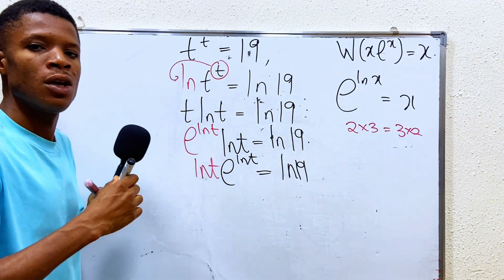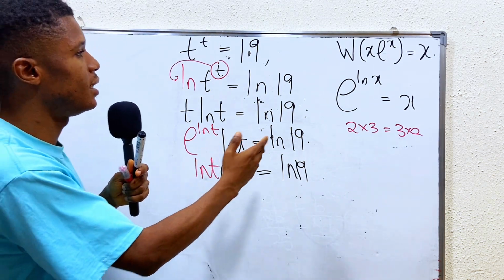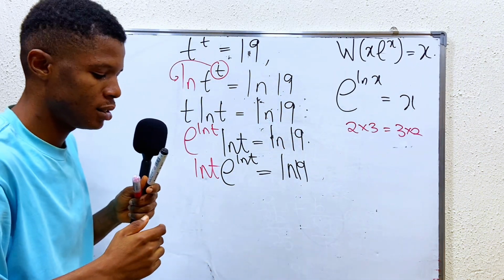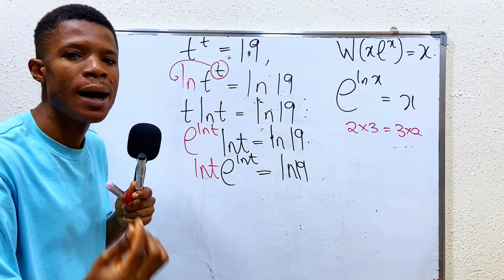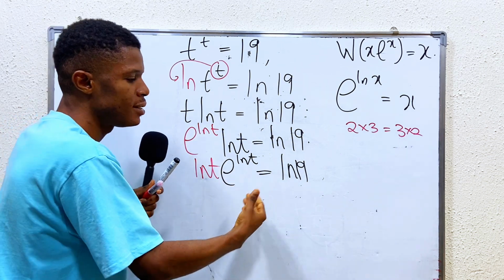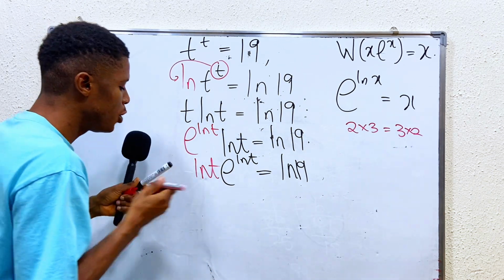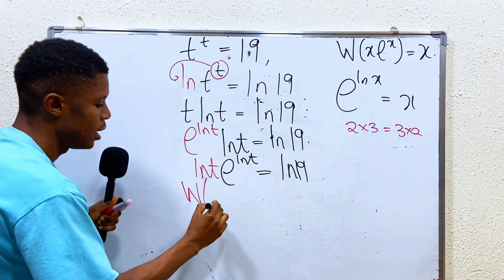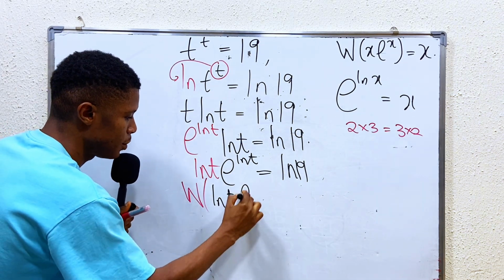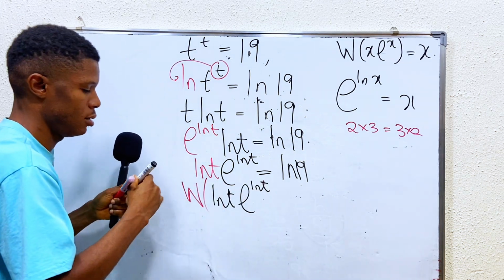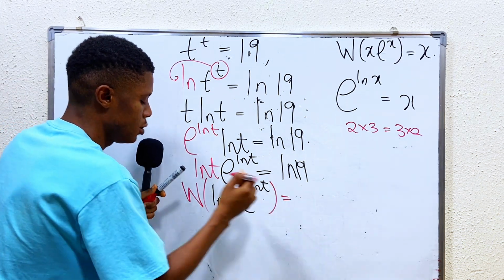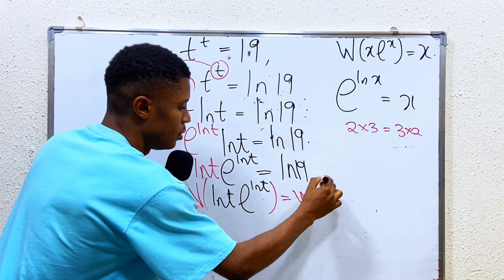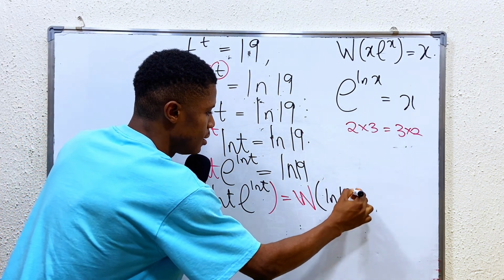Now this is clearly in the form of x exponential x. So we take the Lambert W function of both sides of the equation. The Lambert W function of ln t exponential ln t is equal to the Lambert W function of ln 19.